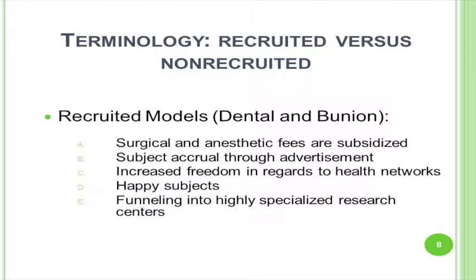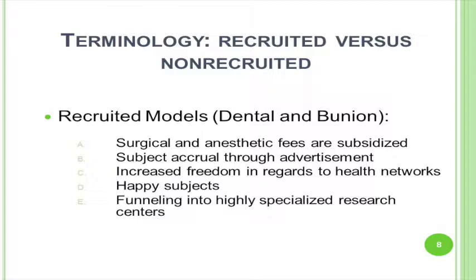In recruited models like dental extraction and bunionectomy, the surgical and anesthetic fees associated with the procedure are subsidized by the research grant. What that means is that subjects are accrued through advertisement, newspaper advertisement, radio advertisement, Facebook, social media of other types.